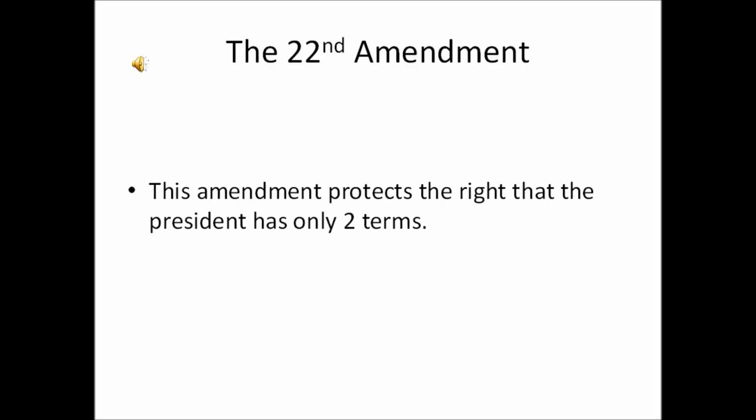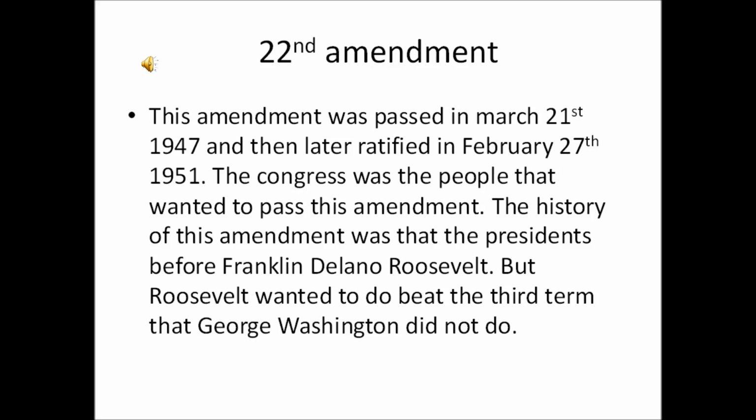The 22nd Amendment. This amendment stated in the Constitution that the President could only have 2 terms. The 22nd Amendment. This amendment was passed on March 21st, 1947, then later was ratified on February 27, 1951.